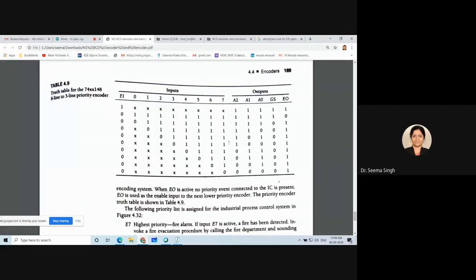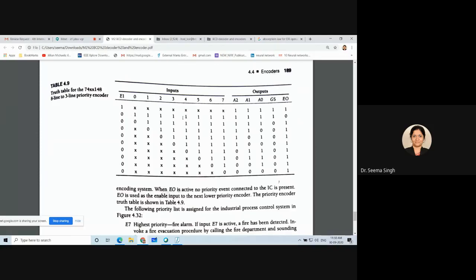And what do you mean by cascading? See, the GS is active low. Please make a note of it. GS is an active low pin. When it goes low, automatically, as soon as any of the inputs of the encoder is active. So you can see here, if any one of the inputs from 0 to 7 is active, immediately this GS will go low.